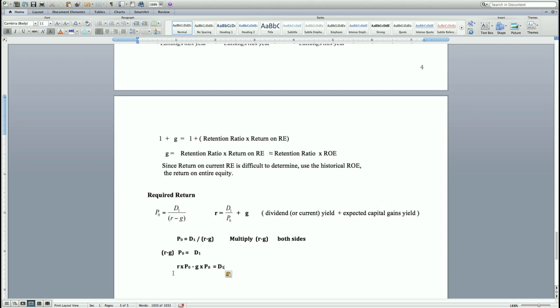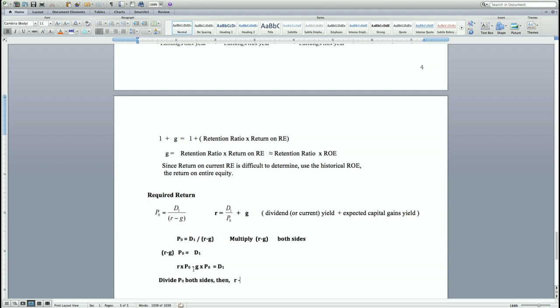Then we want to know the required return R. So we divide P0 both sides. R P0 over P0 means P0 disappears, R survives.